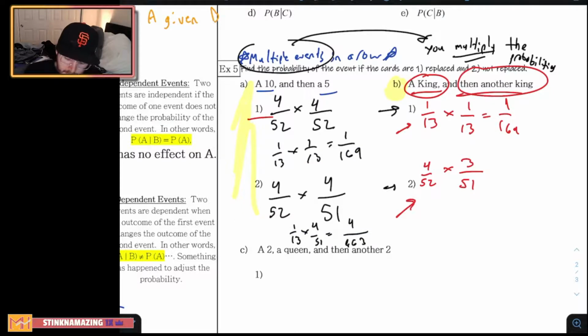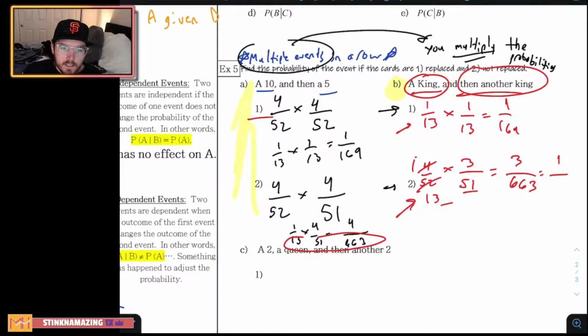Okay, just a little bit. And we end up here with, let's reduce this to 1/13. So we end up with 1 times 3, which is 3. And 13 times 51, which we already did over here, is 663. Now guess what? This reduces a little bit further as well. 663 is divisible by 3, and we end up with 3 out of 663 reduced to 1 over 221.